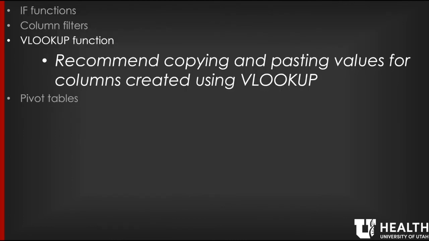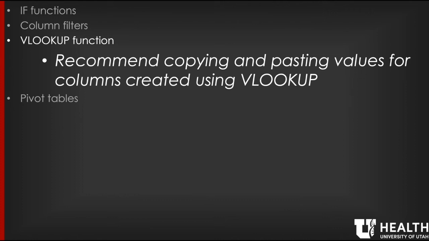So one last thing, when you're copying and pasting. When you are using VLOOKUP to take data from a sheet and move it into your main data sheet, what I recommend doing is copying and pasting the values in your main data sheet to get rid of the equation in those cells.